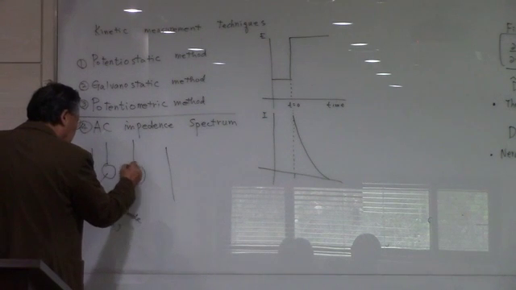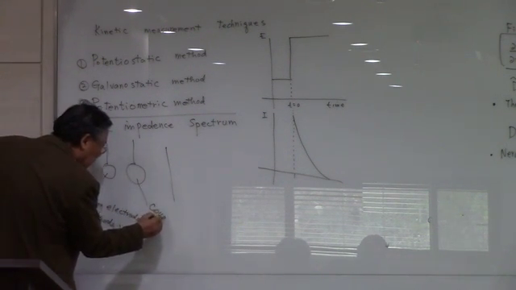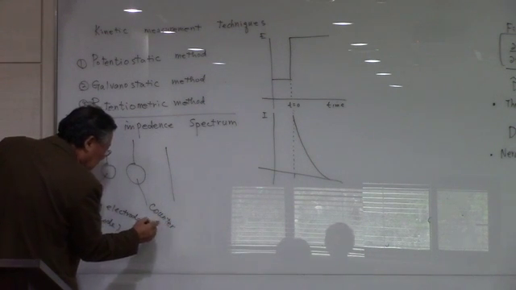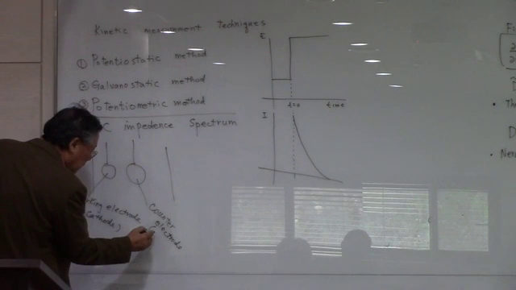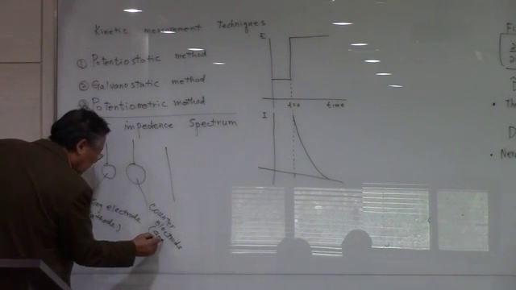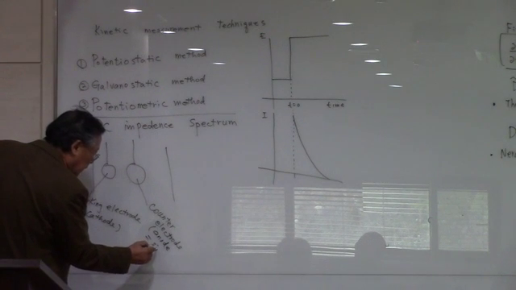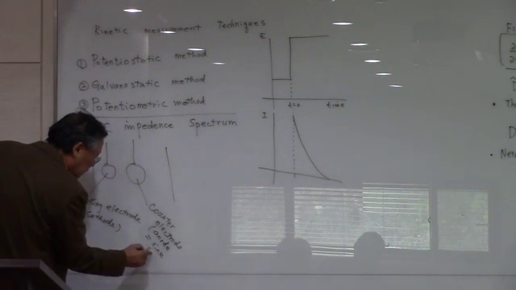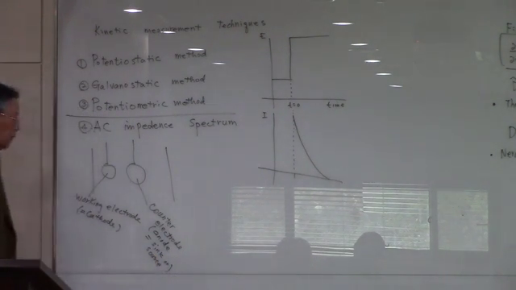Then we have the counter electrode, that is the anode, and this anode is a sink or source of electroactive species, right?